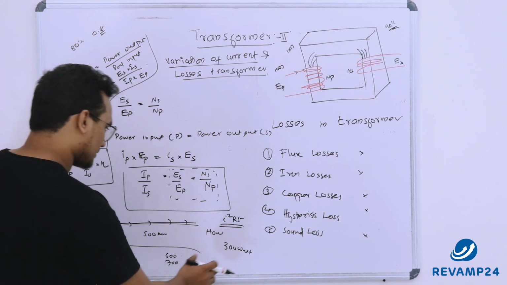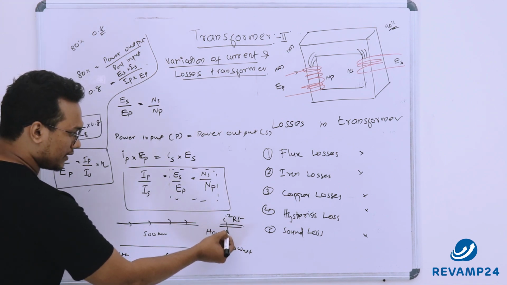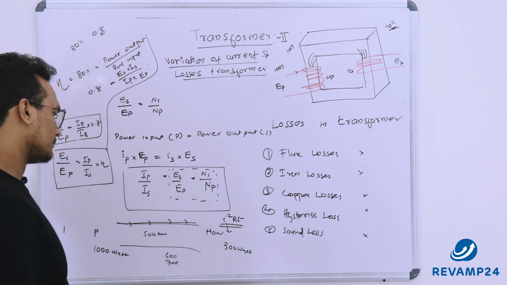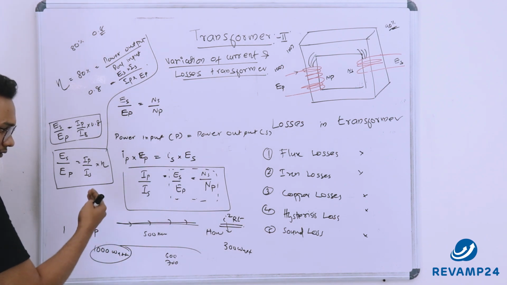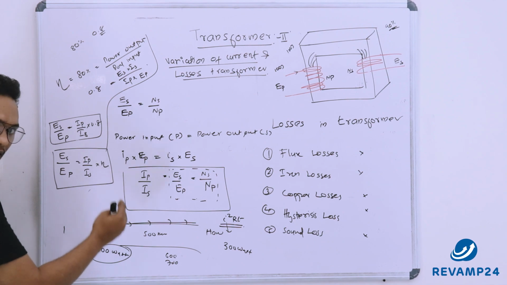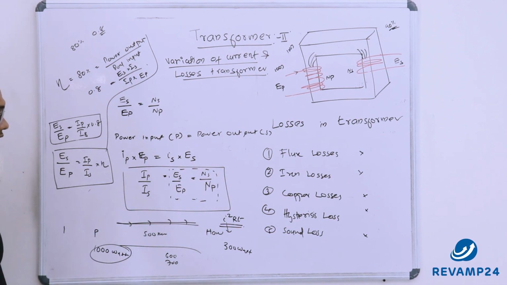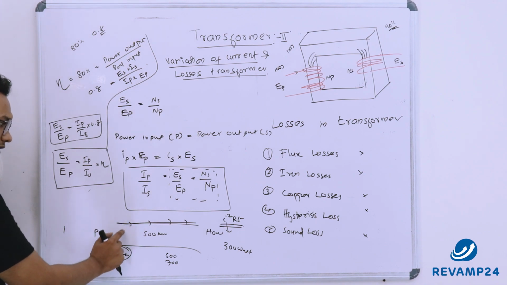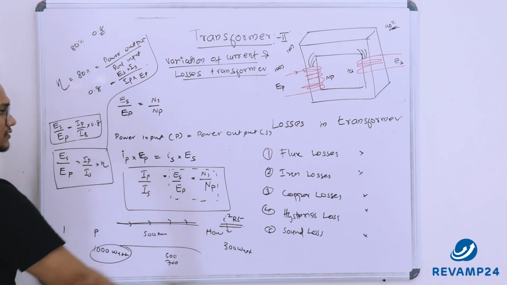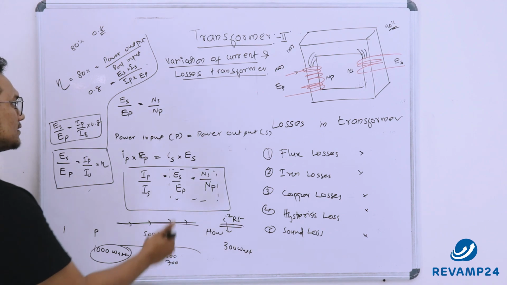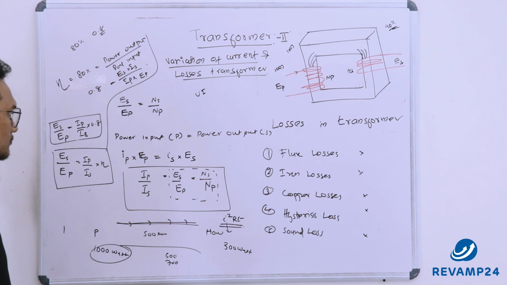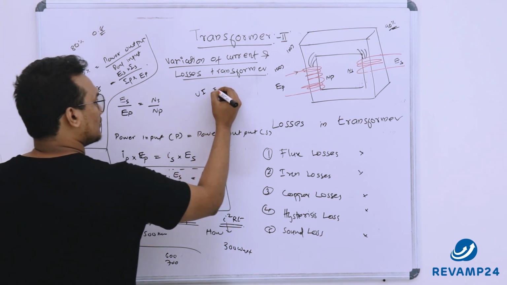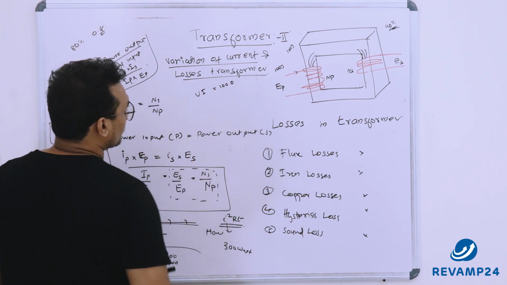So this can be reduced by simply reducing the value of current. Now we know that when we are delivering power from powerhouses to house appliances, 1000 watt, this much power has to be delivered across kilometers. Power is nothing but V into I. So let's say the power to be delivered is 1000.